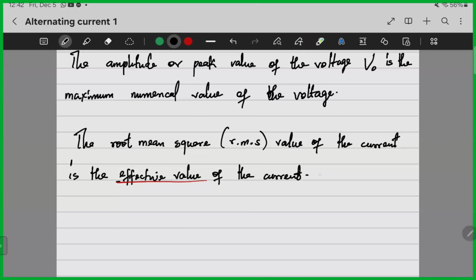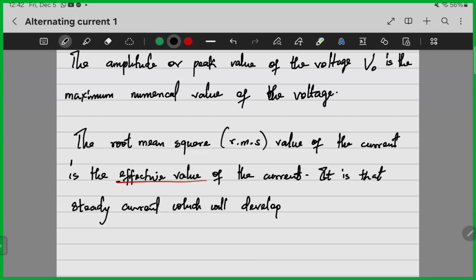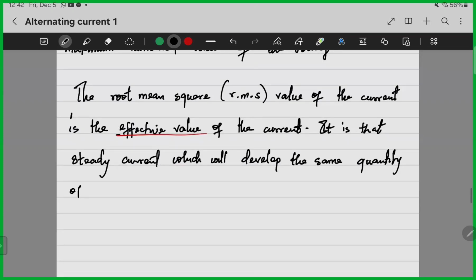If you want to give it another proper definition, we say it is that steady current which will develop, this definition is very important, which will develop the same quantity of heat in the same time in the same resistance.